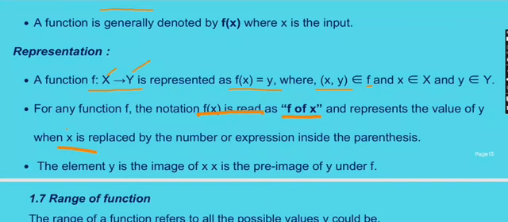We will see that with some examples. See here, output is another name for image. That is, y is the output from x, isn't it? So I am calling the output an image, which is called y. Similarly, x is called the pre-image of y. These are all some general terms.